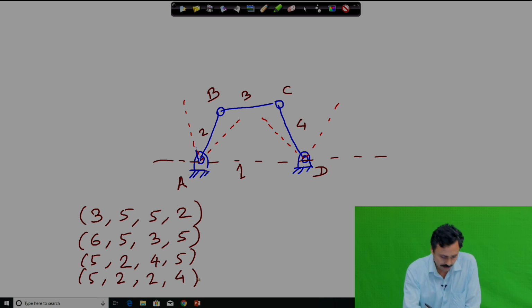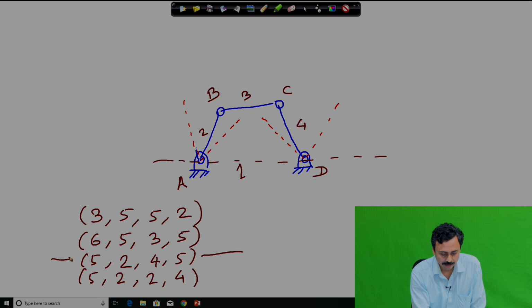Now, this is BC means the second one is the shortest link. So, it should be one of these two and which satisfies the Grashof criterion. I think this satisfies the Grashof criterion because L min plus L max is less than the sum of other two links.